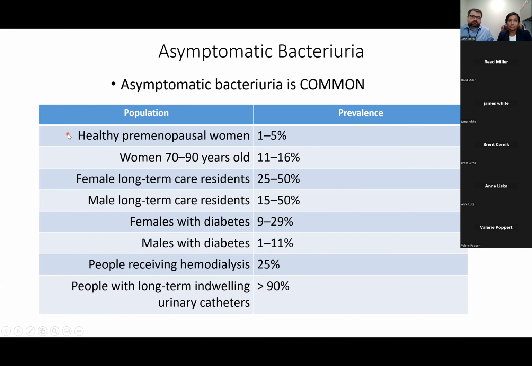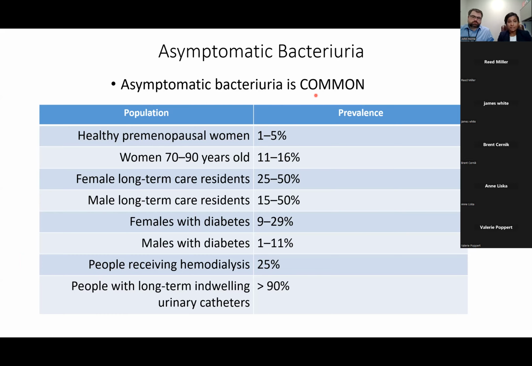And I really like this chart. It goes through how different types of patients, and how much colonization you could have in the bladder with different types of bacteria, and have asymptomatic bacteriuria. If you have a healthy premenopausal woman, you could have asymptomatic bacteriuria of up to 5%.